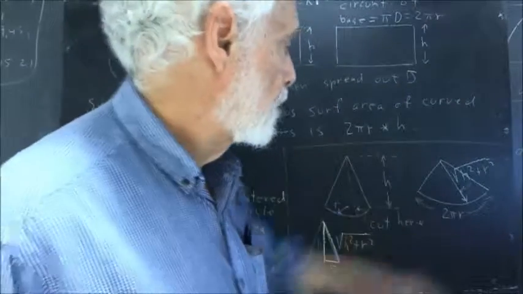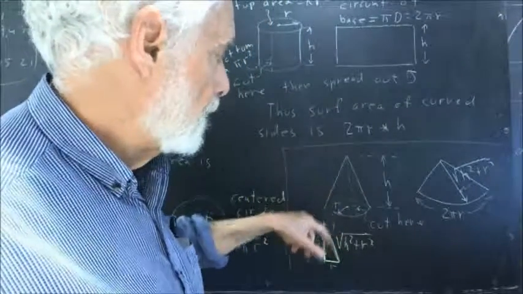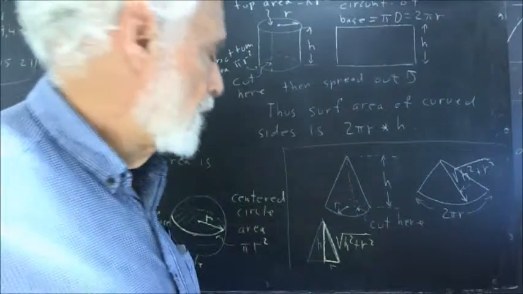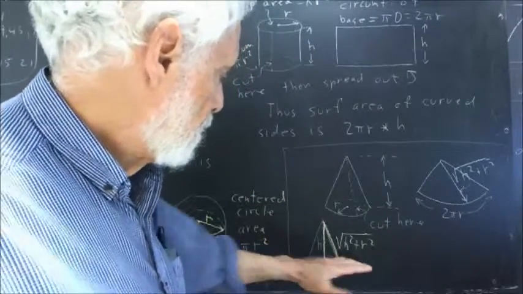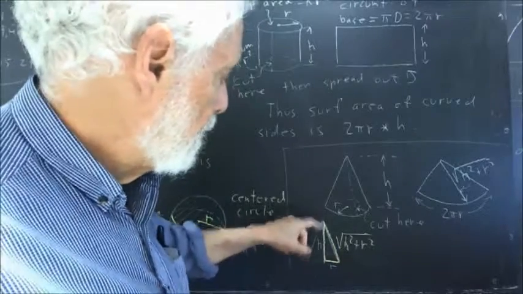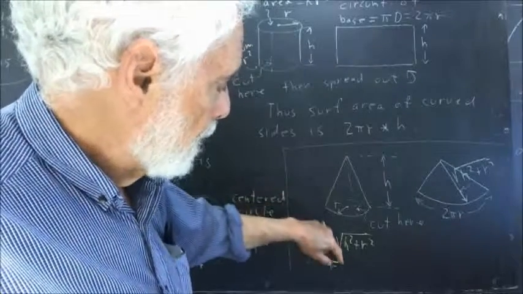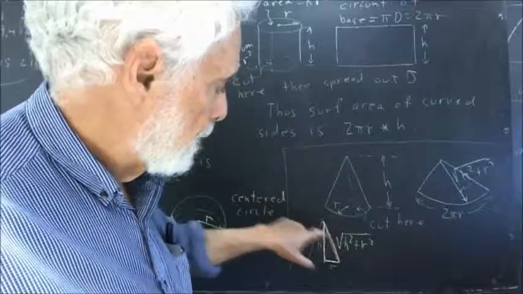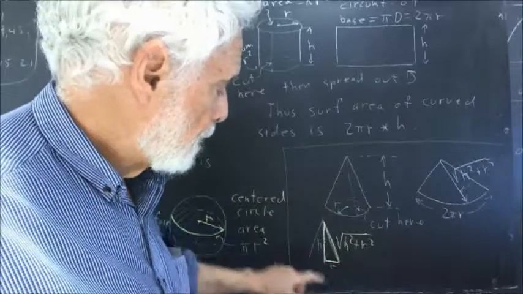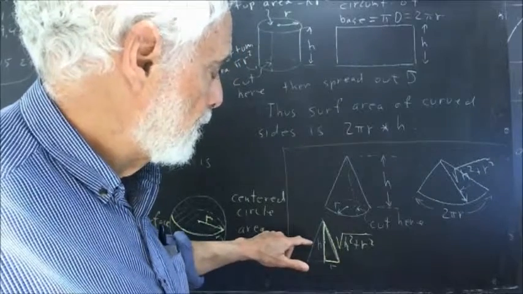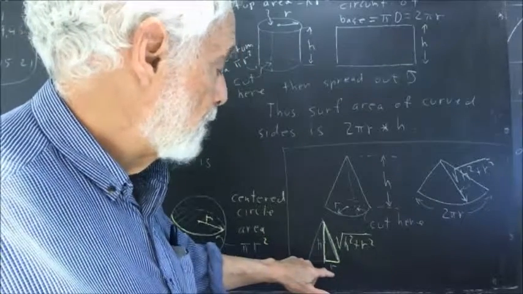What's the radius of this circle? It's not equal to the radius of the base. It's not equal to the altitude of the cone. But if we look at a cross section, if we just look at the cone from the side, we see that it's going to be the length of this line, which is the hypotenuse of a right triangle whose altitude is h and base is r.